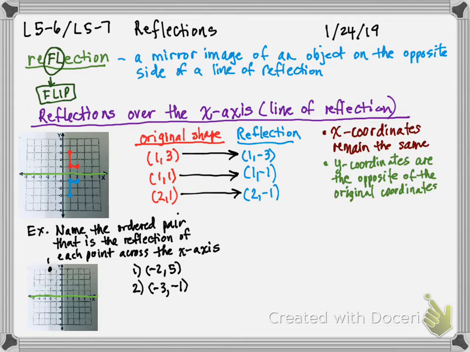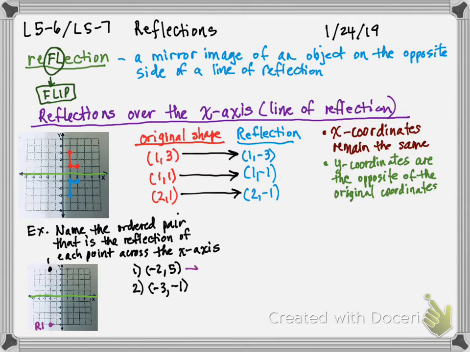So let's color him a nice, pretty purple. So if he's 5 above the x-axis, the reflection should be 1, 2, 3, 4, 5 below the x-axis. Now I'm going to label him R1. So that's the reflection for point 1.